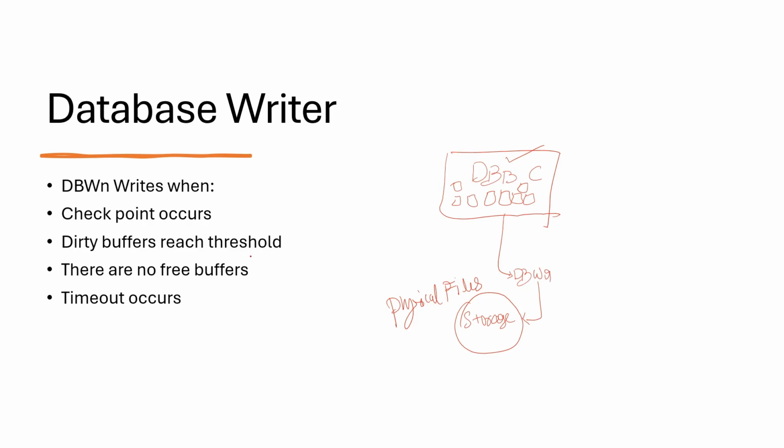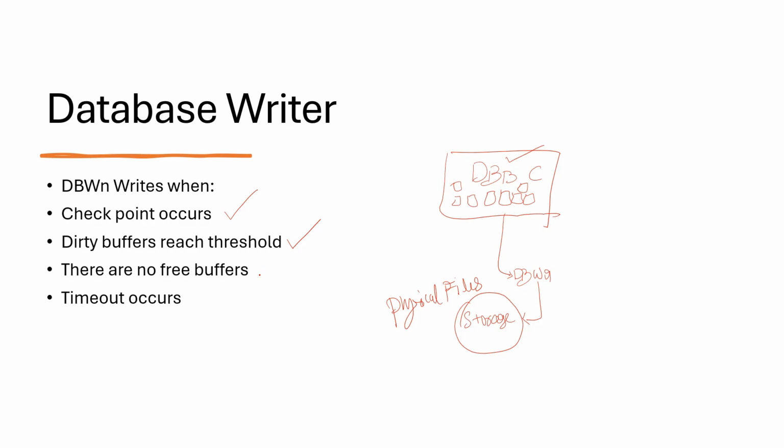So when does this DB writer come into the picture? When a checkpoint occurs, this database writer will be invoked to write the dirty blocks from the database buffer cache to the storage. And when dirty buffers reach their threshold, the database writer also comes into the picture and writes the data to the physical files.